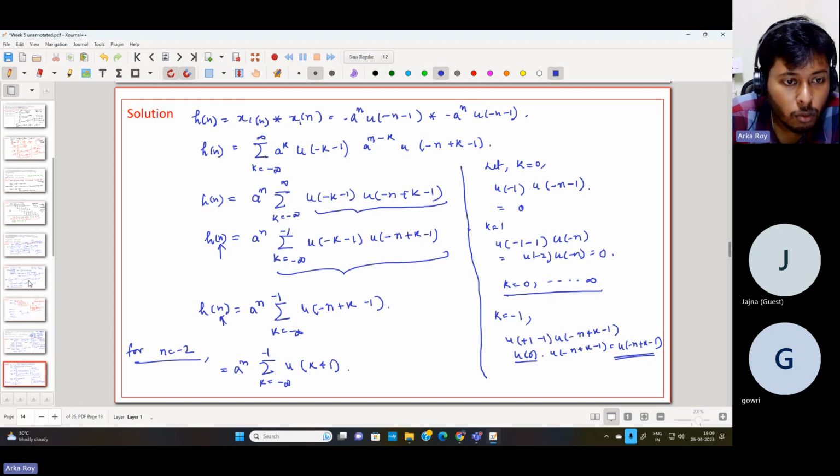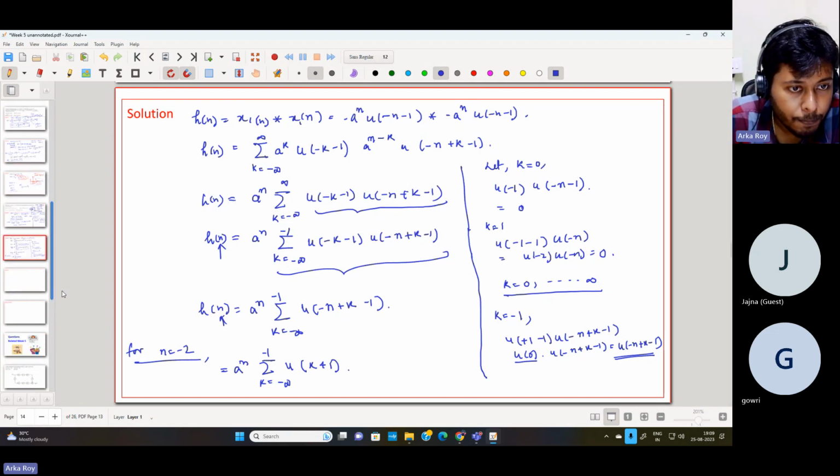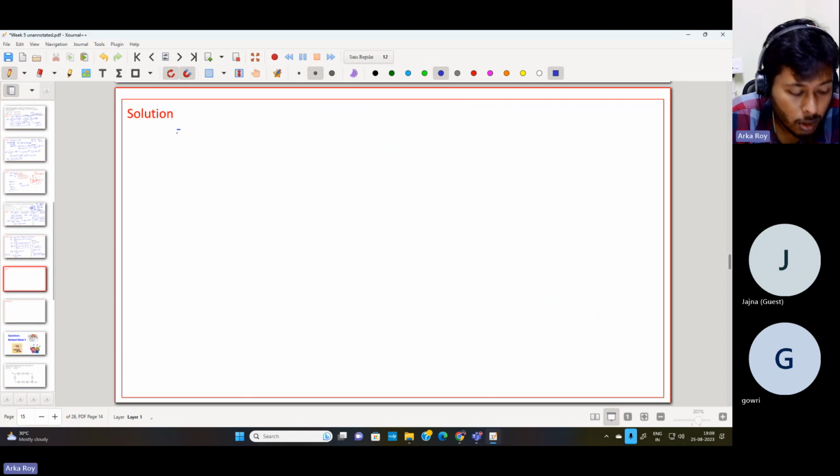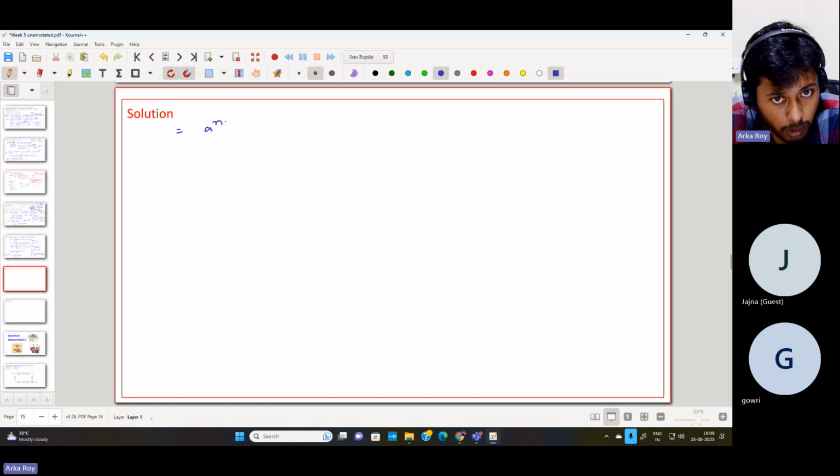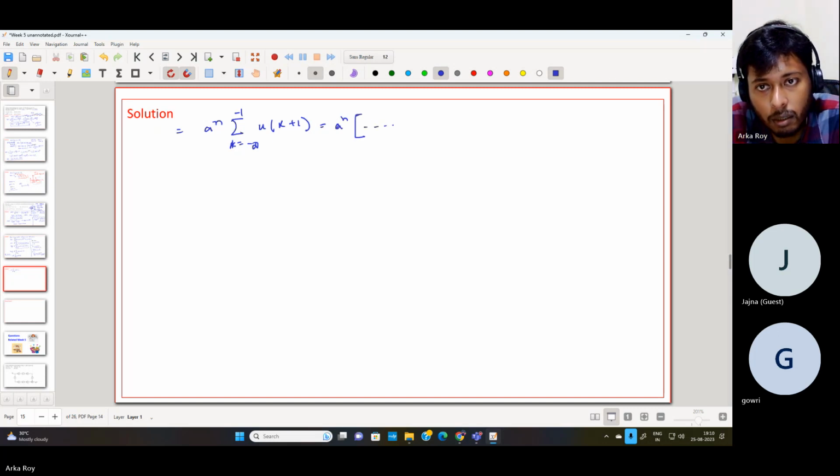So let me just go to the next page. So the summation is a to the power n, then k is equal to minus infinity to minus 1 of u of k plus 1. So I can break the summation and start writing it as u of minus n plus 1.